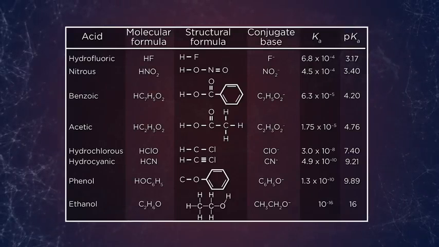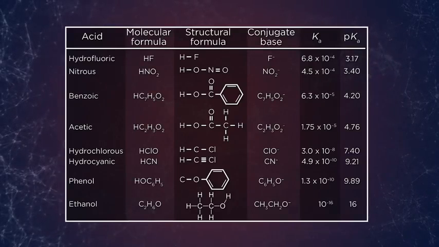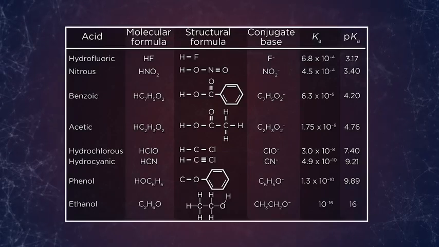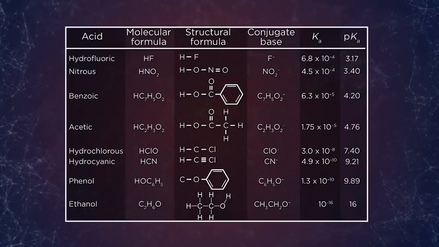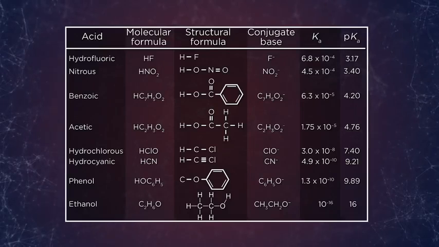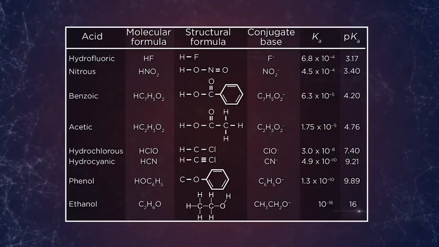When we modify our Ka values in this way, we get much more manageable numbers. And just like the pH scale, lower numbers mean a stronger acid. Acetic acid comes in at 4.76 on the pKa scale, phenol at 9.89, and ethanol at about 16.